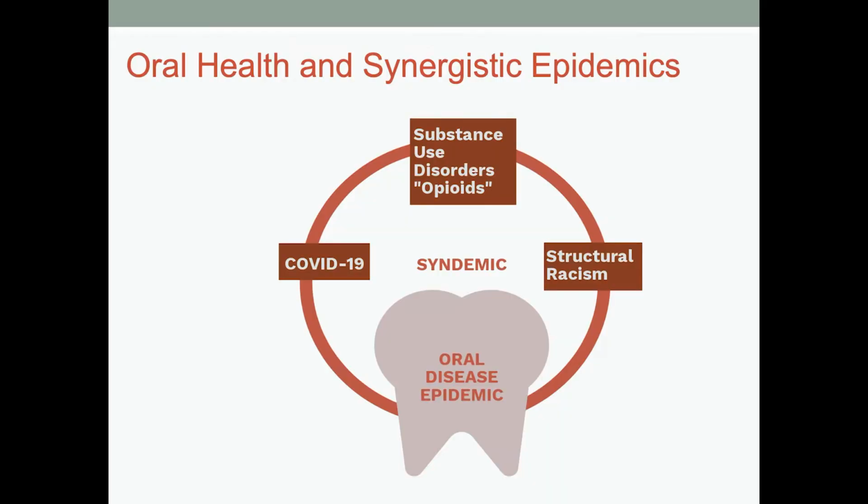For instance, COVID-19 has presented a model of three underlying public health crises in the United States that intersect all other epidemics. The COR syndemic is the concurrent interaction of COVID-19, opioids or substance use disorders, and racism.